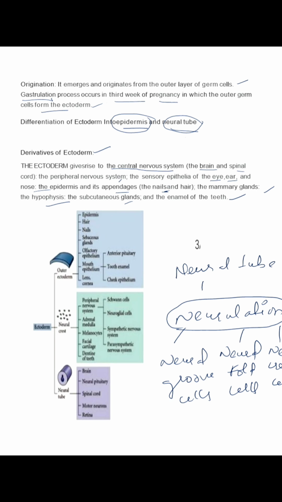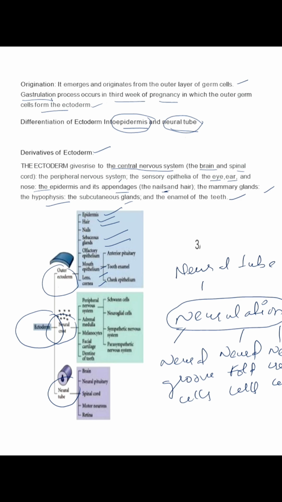Okay, now we'll see about the ectoderm in detail. You can see here, this is the ectoderm. This is differentiating into the neural crest, the neural tube, and the outer ectoderm. Now the outer ectoderm is forming the epidermis, hair, nails, the sebaceous glands, the olfactory epithelium, the mouth epithelium, the lens, cornea.